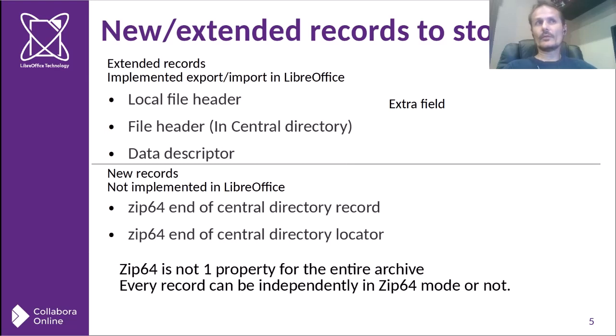It's stored in the local file header, it's stored in the file header, and if we have a data descriptor, then it's stored there too. The same data is stored in 3 places, but we can save one of them in Zip64 mode and another in the original zip mode.